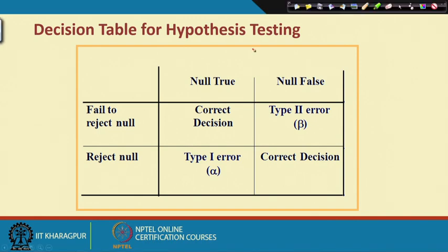This is the comment about the null hypothesis, and here is the decision about the null hypothesis. The null hypothesis is true or false, and H0 will be rejected or failed to reject, against the true null and the false null. So, in the first case H0 is true.